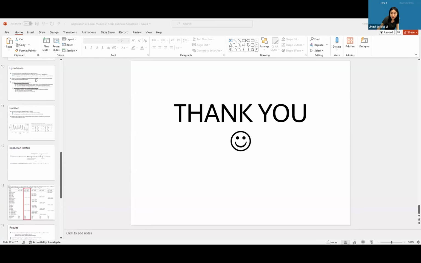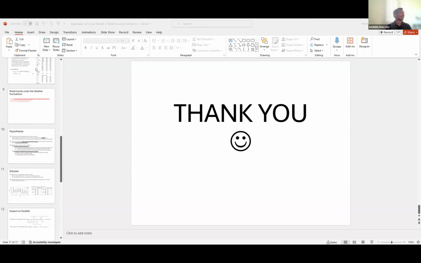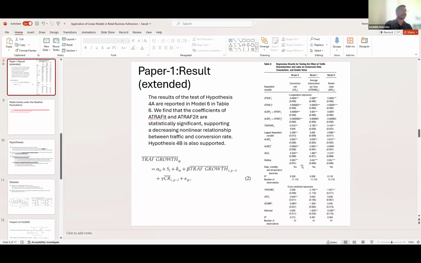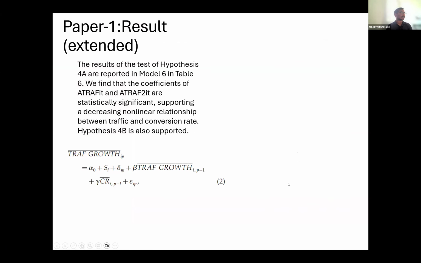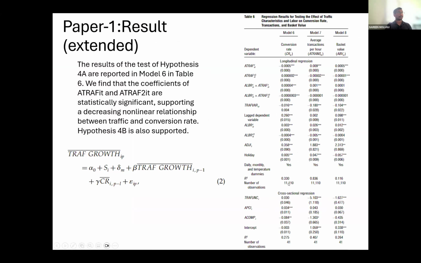And Narin, you are muted. I'm sorry. Yeah, I think all of them are significant at 0.01. Even though I understand the concern that the values are too small, they are significant. They did mention it in the paper that these things are significant.